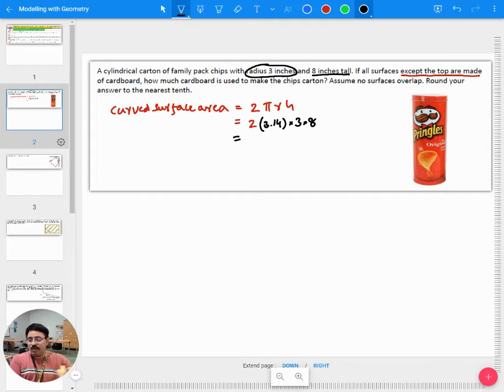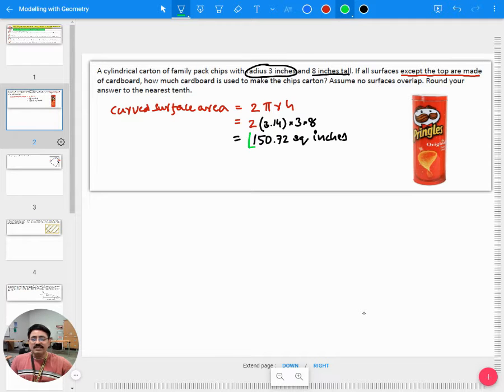2 times 3.14 times radius times height, 150.72 square inches. You know, this is not the end of the story. You have to read the question carefully.